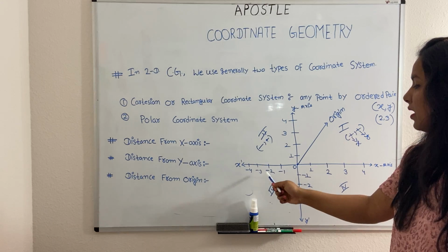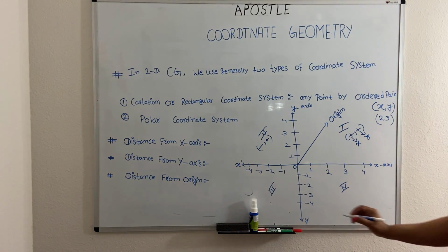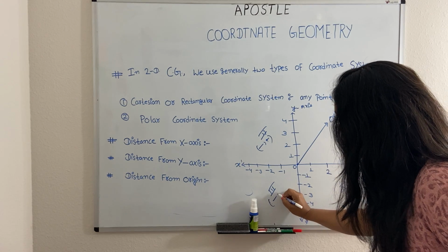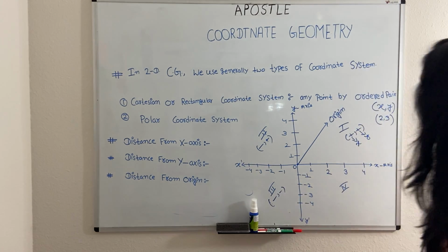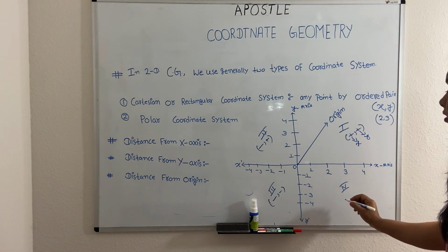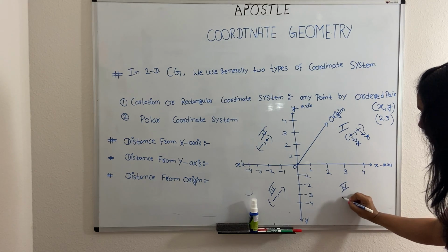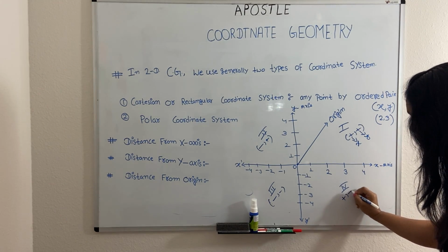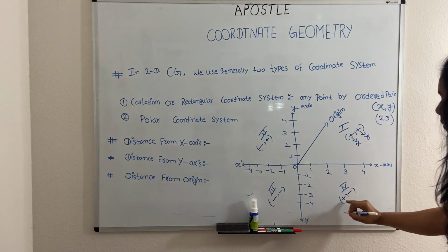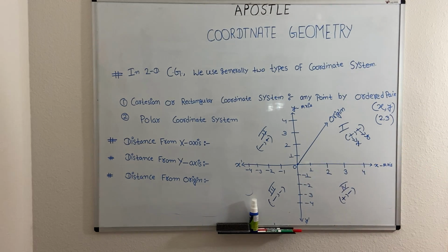Here -1, -2, and in the y direction this is also negative. So both the signs are negative. And in the fourth quadrant, x is positive, y is negative. So here the sign is positive, negative. First represent x and second represent y in each case.